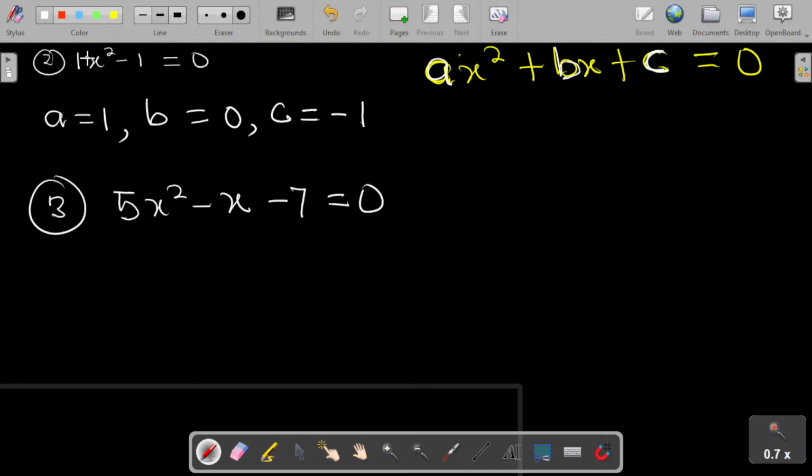What is b? Joseph says b is 1. Is it 1 or minus 1? Chidera, you can write your response at once instead of breaking it. Okay, Joseph, check. Is your b 1 or minus 1? Is your c 7 or minus 7? Okay, Joseph says c is minus 7.